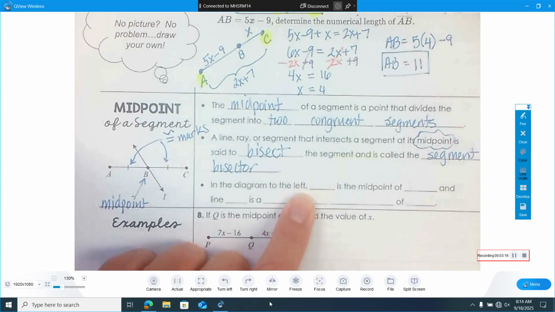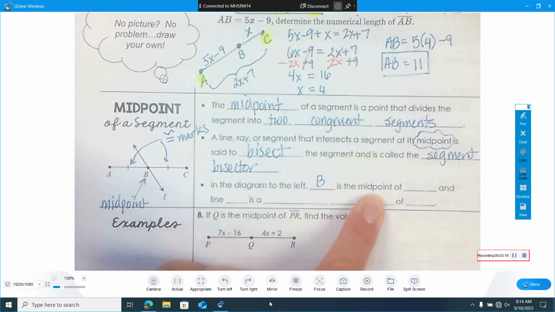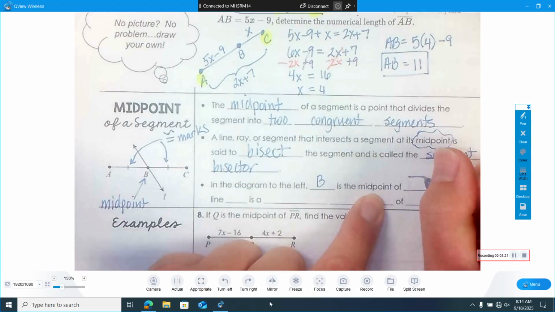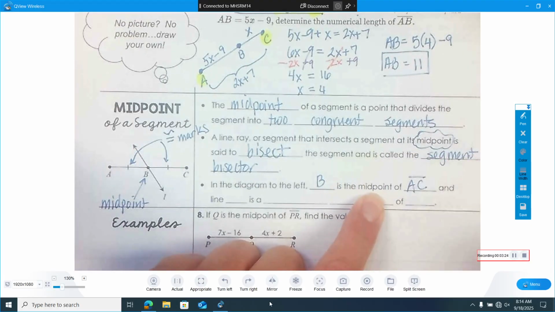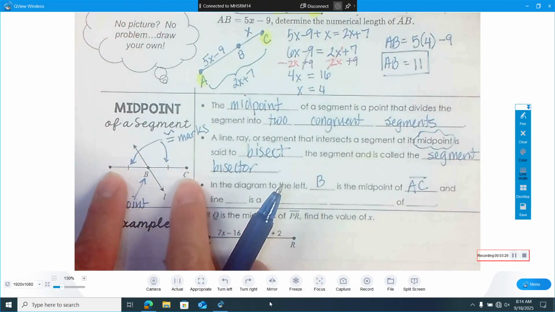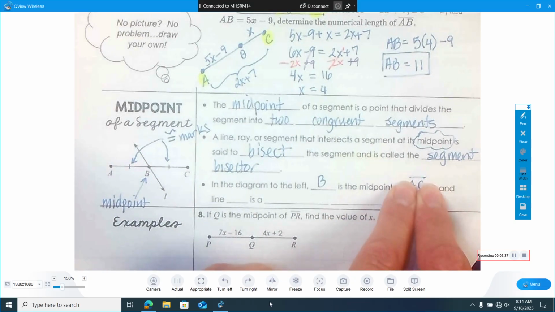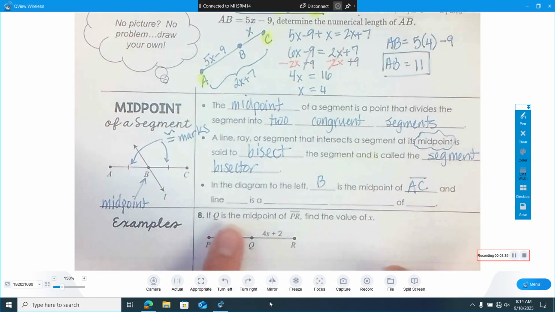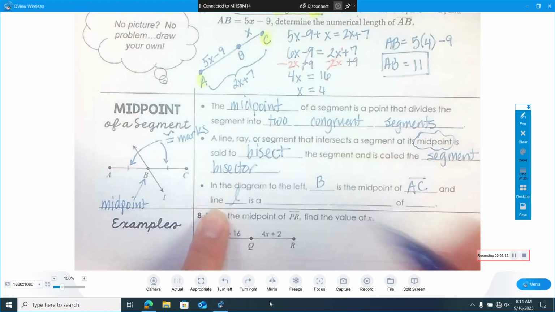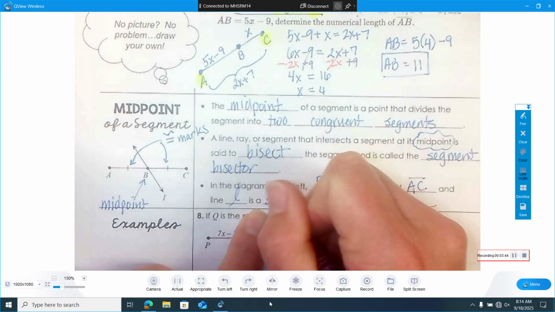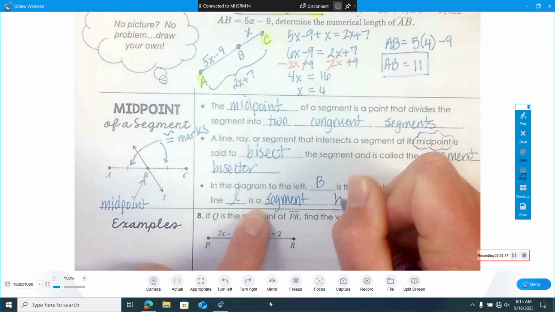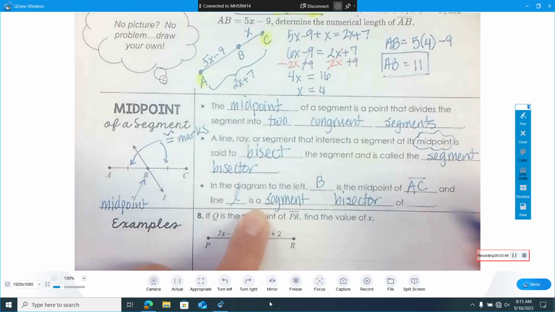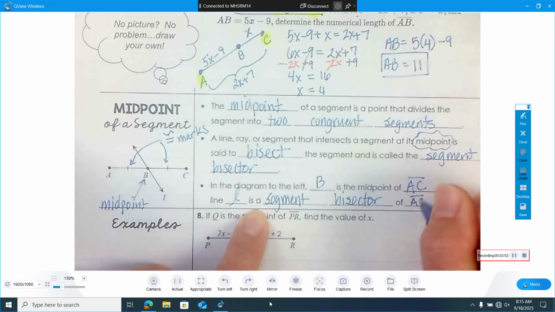In the diagram to the left, B is the midpoint of segment AC. You'll notice segment AC starts at A, ends at C. It does not have arrows, so we call it a segment, and that's what matches our little symbol above. And line L is a segment bisector of segment AC.